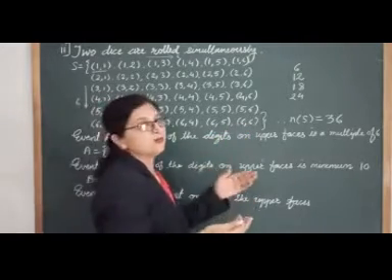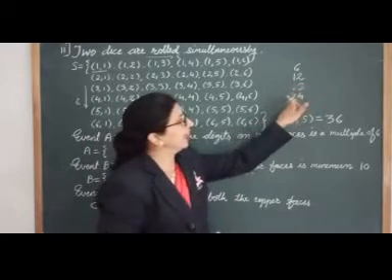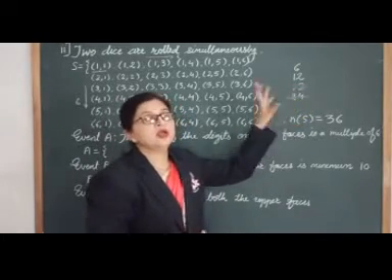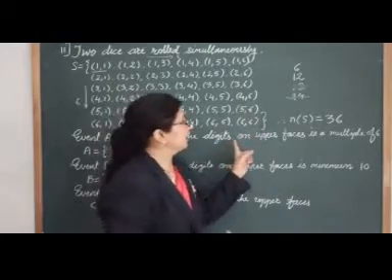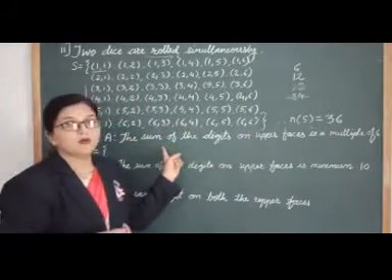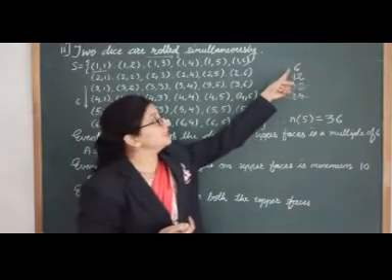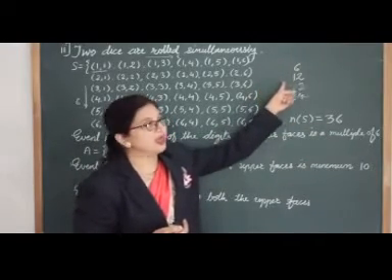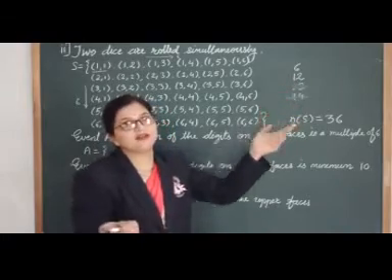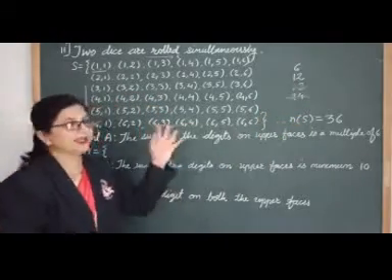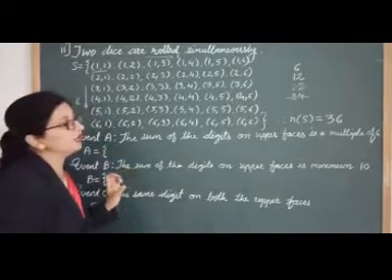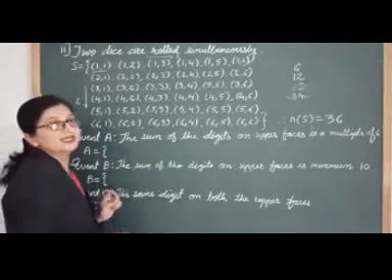So there is no possibility to get the sum 18 or 24. So we want the points whose sum is 6 and 12. Okay? So let's find out the points whose sum is 6 and 12.